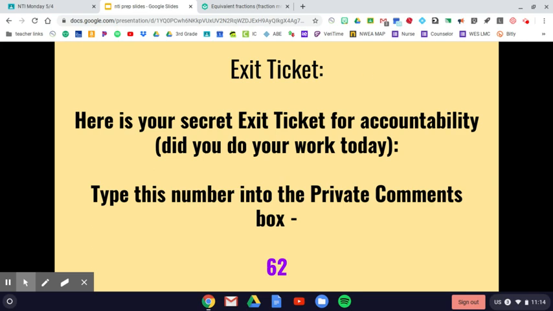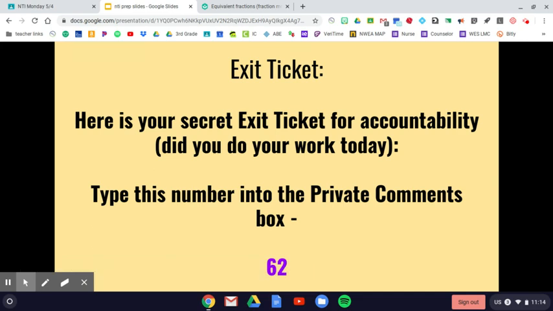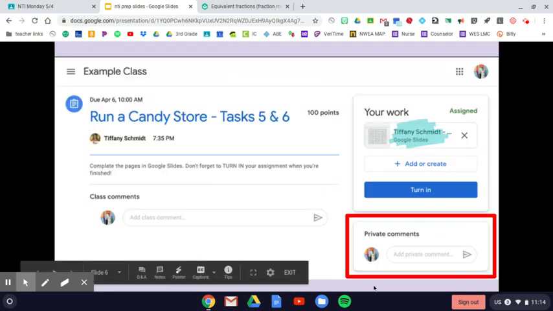Remember, accountability is taking ownership. Did you do your work today? So you've made it this far. You finished your math for today. Your private comment box today, type number 62 to show me that you did your work today. That's it. No tricks. Type the number 62 in the private comment box. And then press mark as done for today.